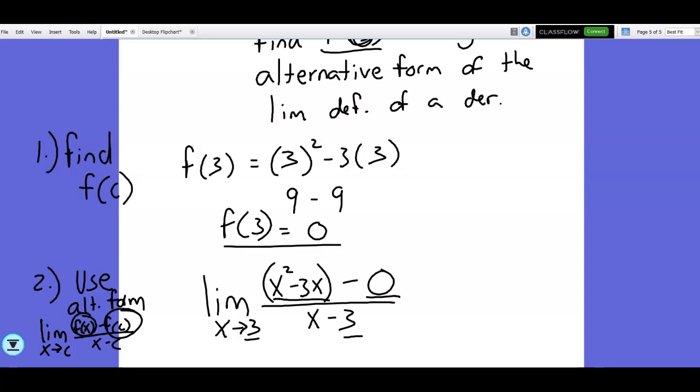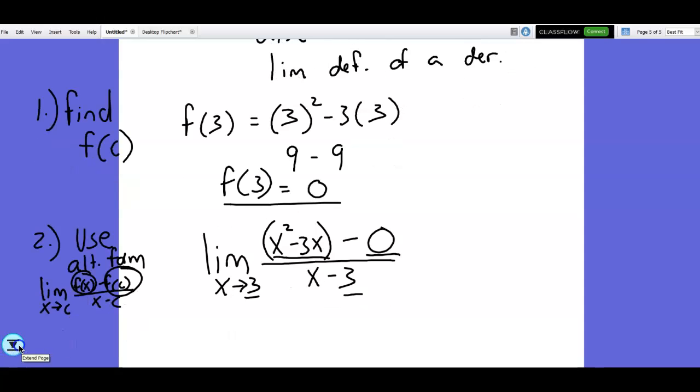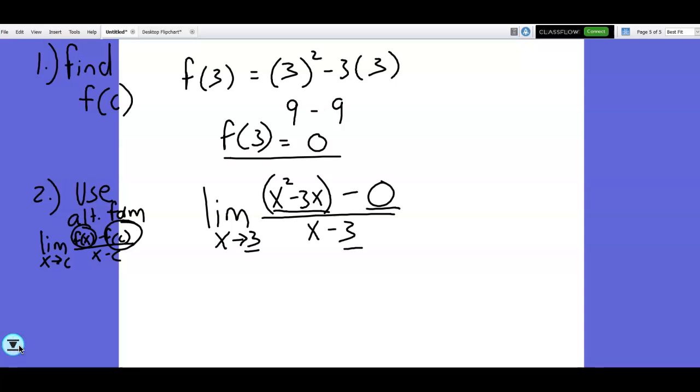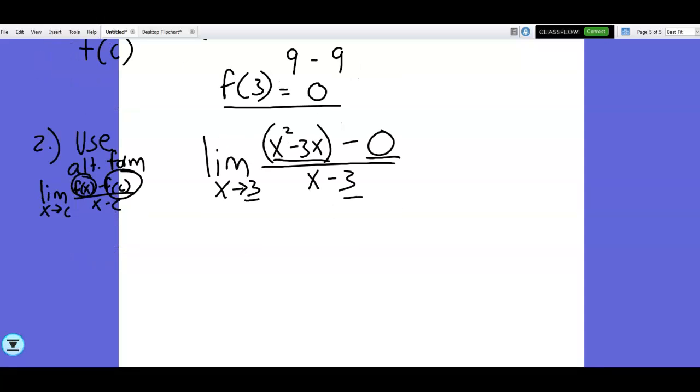Okay. Now at this point, what we're going to do is simplify the numerator. For these problems, at least, it's a little bit easier to simplify the numerator for this one anyway. It might always be simpler. We'll try a few of these and see how they pan out.